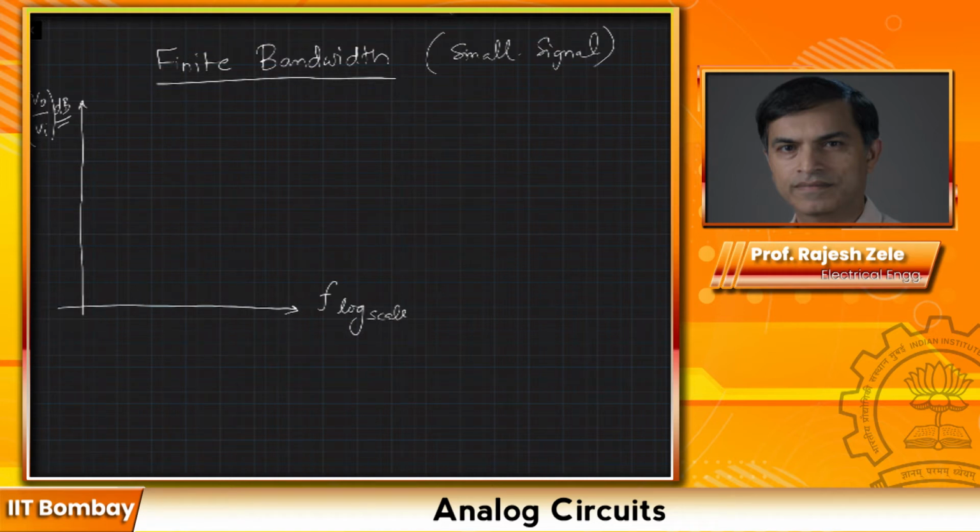Now, if the amplifier gain is A0 and if the bandwidth is infinite, then how would you plot it on this particular chart? What you would see is it would look something like this. It would just go like that, and that would be 20 log of gain A0.